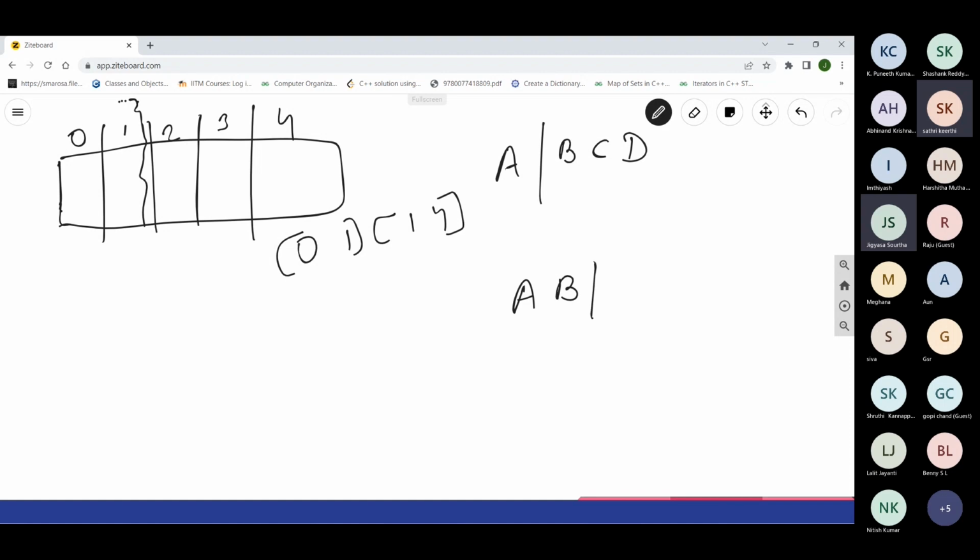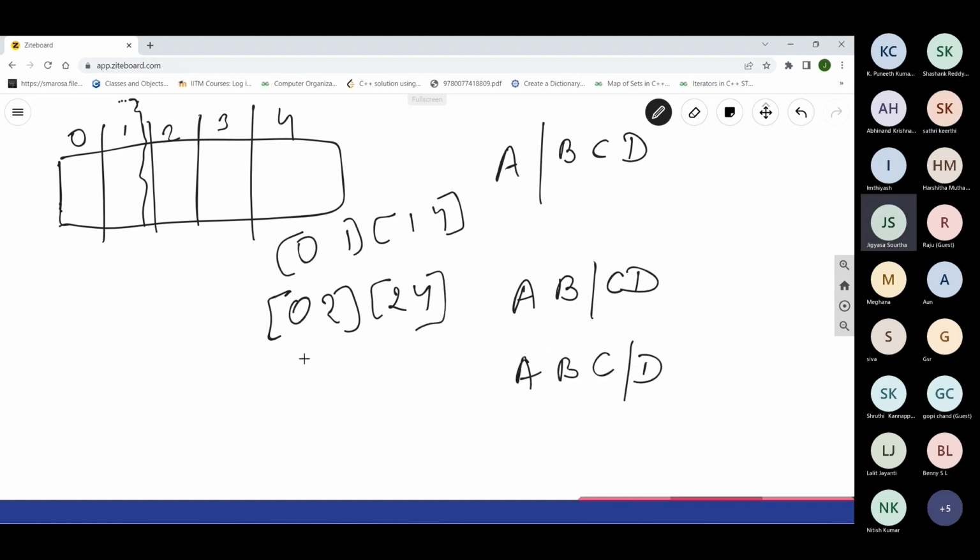The same for ABCD, the split here will be 0 to 2 and 2 to 4. And for ABCD, the split will be 0 to 3 and 3 to 4.